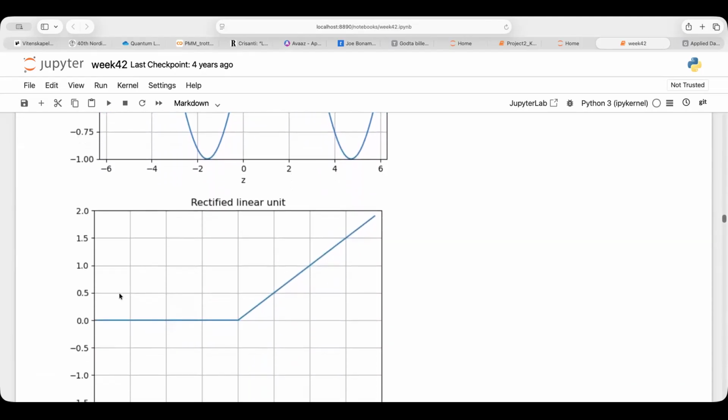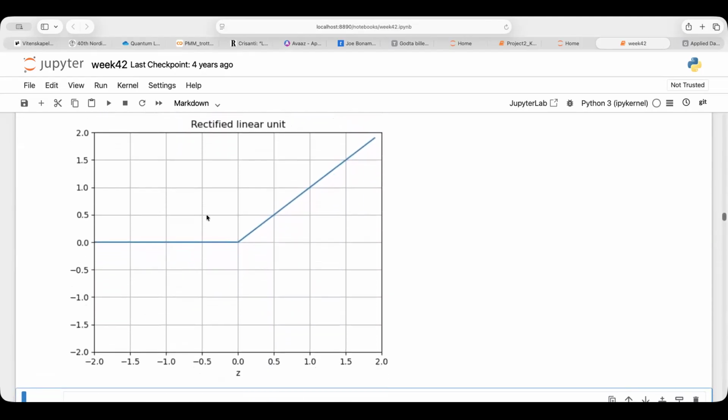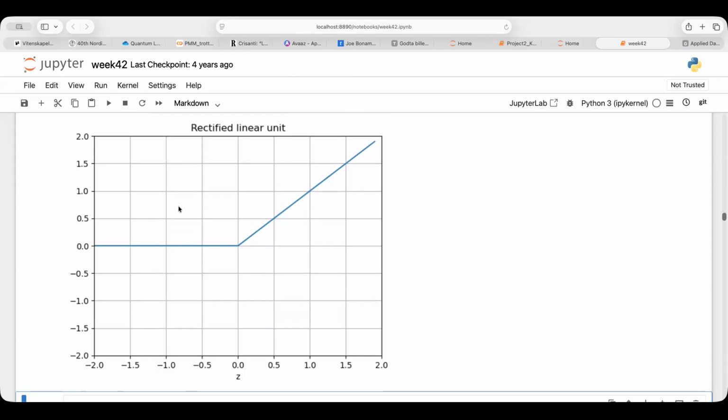There's another function which is very much used, called the rectified linear unit. This has a discontinuity at zero. It's monotonically increasing. The problem with this one is obviously that it is zero below a certain value. This is called the ReLU function, rectified linear unit.